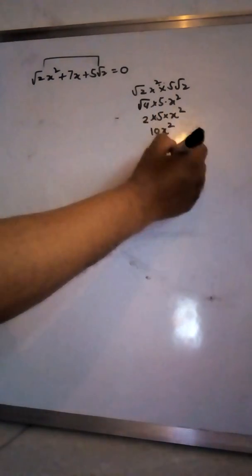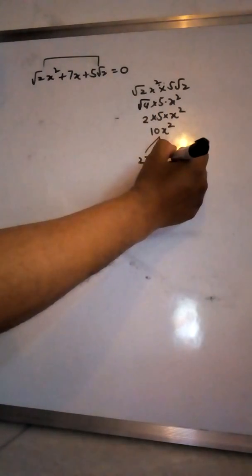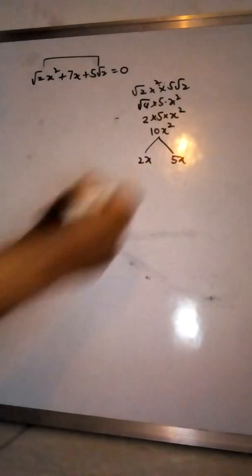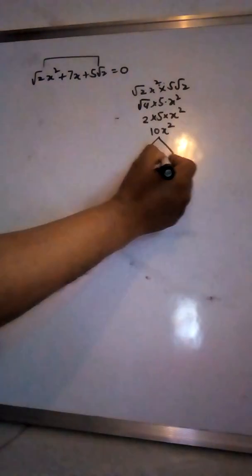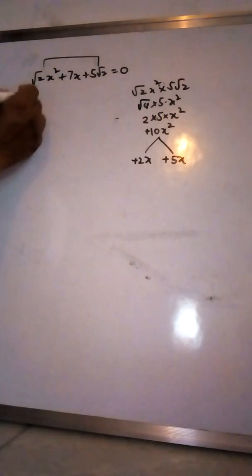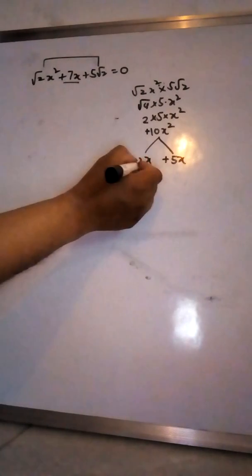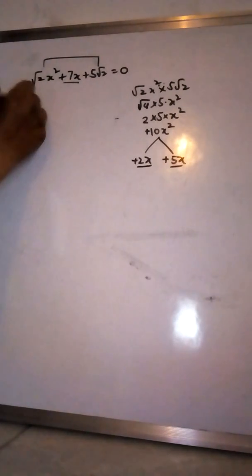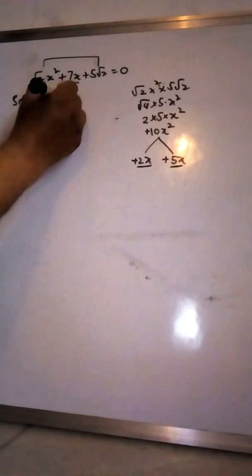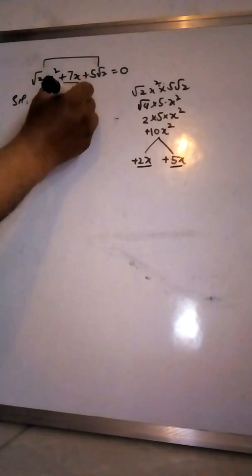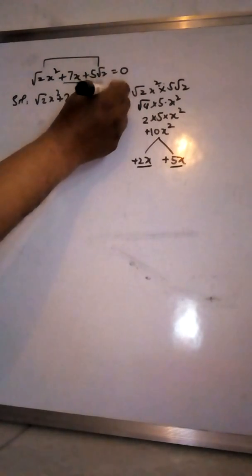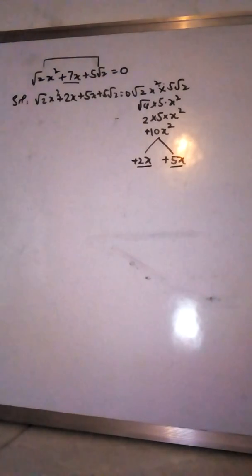So again the factors of 10 can be 2x and 5x. Because the middle term is plus 7, we have to add them, and this is also with plus sign. So now I can split the middle term as 2x, 5x. So it will be root 2 x square plus 2x plus 5x plus 5 root 2 is equal to 0.